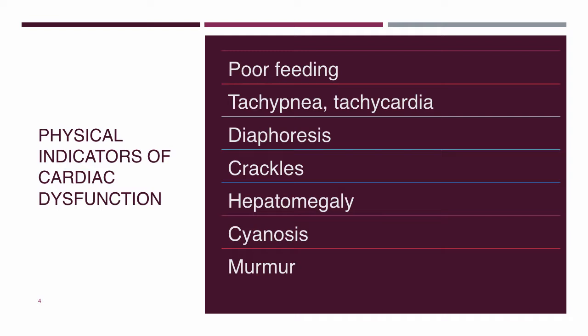If you think about it, we have a heart function that's not getting enough blood circulating throughout the body because maybe the muscle has been damaged or there's a shunting going on so that we're not getting good oxygenated blood out to the rest of the body. And so with that, our body is going to sense that hypoxia and is going to say, well, maybe if we breathe faster, we're going to be able to get that oxygen level up.